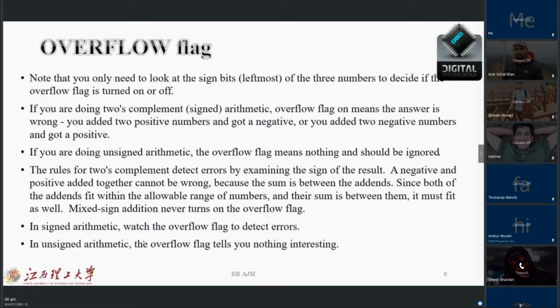In signed arithmetic, we can watch the overflow flag to detect the error. In unsigned arithmetic, the overflow flag will tell us nothing. Then just have these two golden rules, which I show here, that overflow has meaning depending on whether we are speaking of signed or unsigned arithmetic.